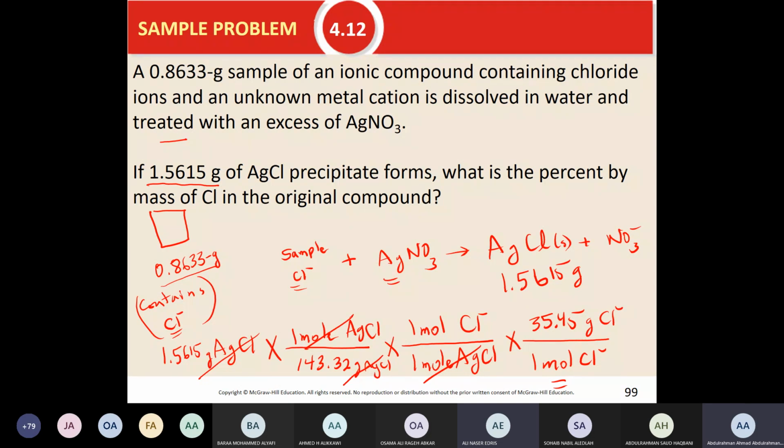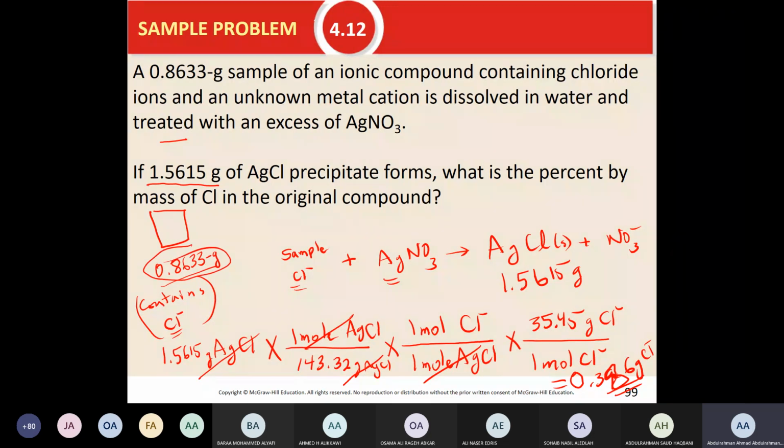It is actually 0.386 gram Cl minus. Now divide this by this mass and get the percentage.